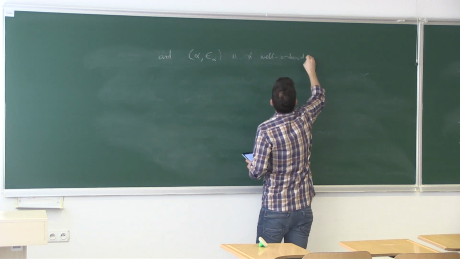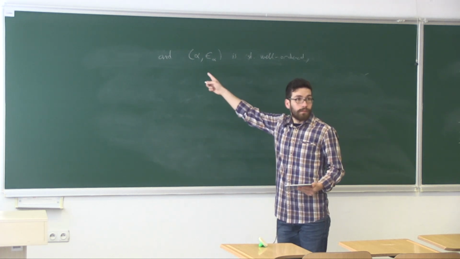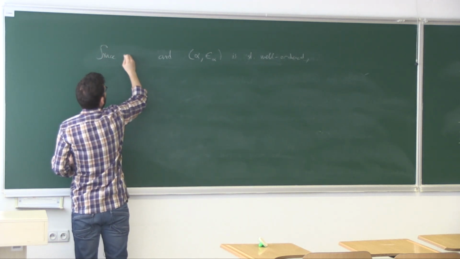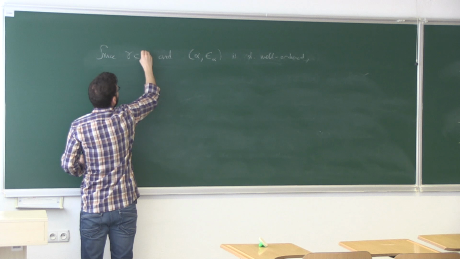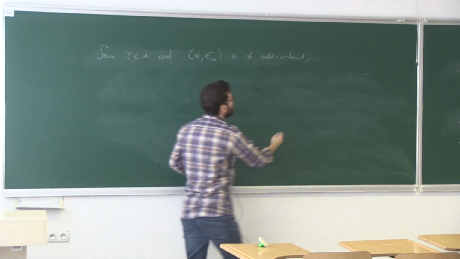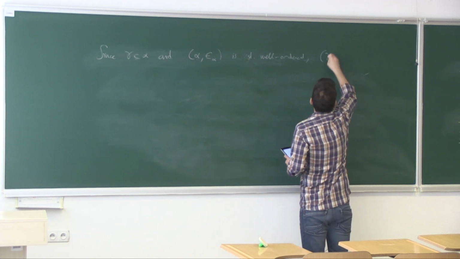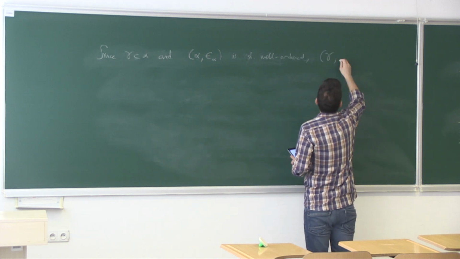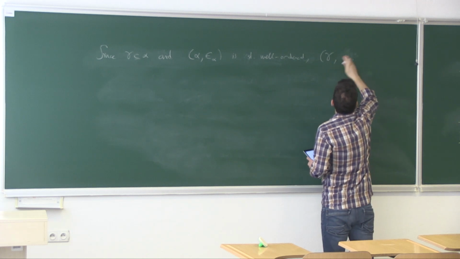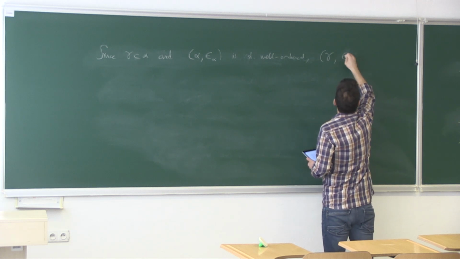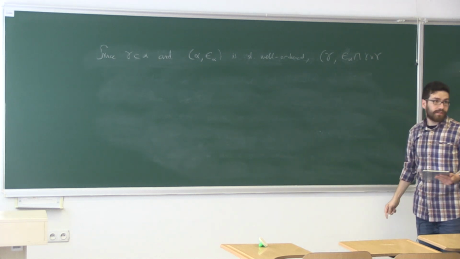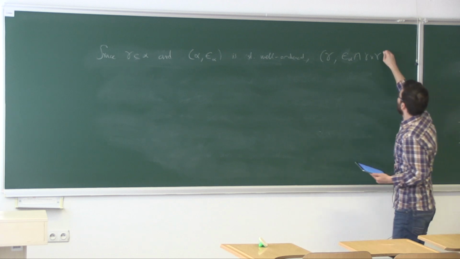If you have a strictly well ordered set, and if you pick a subset of this set, then that subset together with the restriction of your relation to that set is still a well-ordered set.